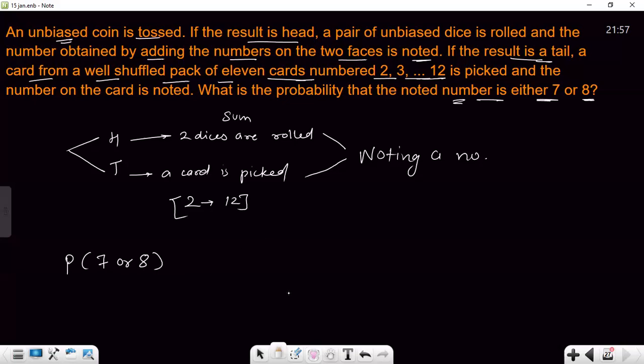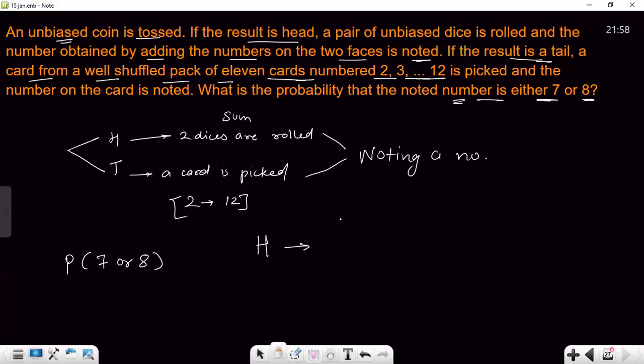So first, let's consider a scenario where heads has occurred. Okay. So we are going event wise. First, let's say head has occurred. Then two dices are rolled.